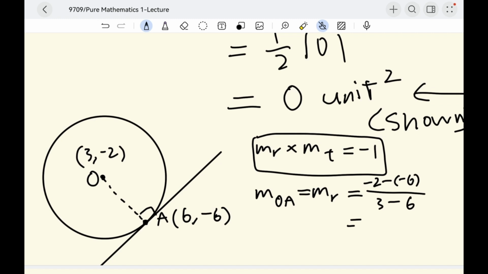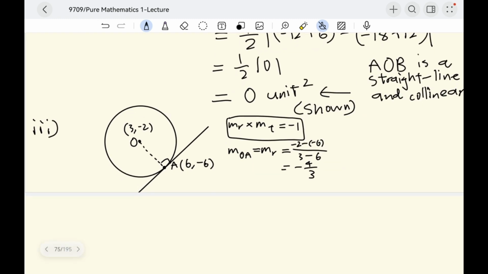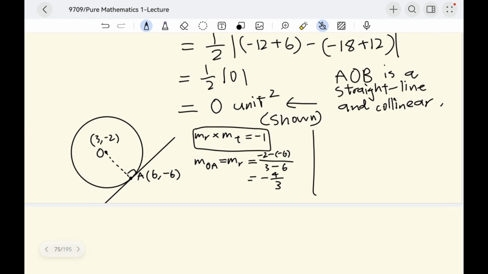So I have -4 over 3. Next, use the relationship over here: -4 over 3 times the gradient of the tangent equals -1. So the gradient of the tangent is 3 over 4.